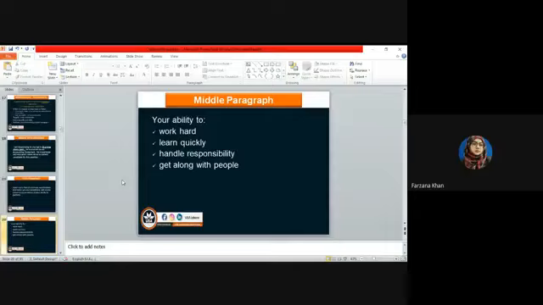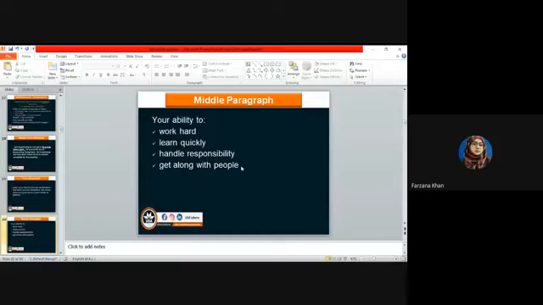In the middle paragraph, you will mention your ability to work hard, your ability to learn quickly and handle responsibility, and your ability to get along with people, because in the second paragraph you elaborate your skills and abilities. But here you must keep in mind that you should highlight those abilities which are basically the requirements and which meet the need of the position.